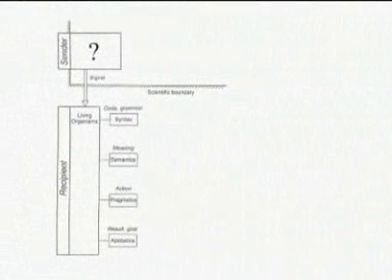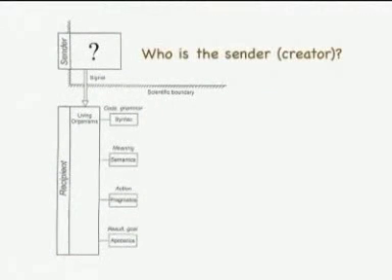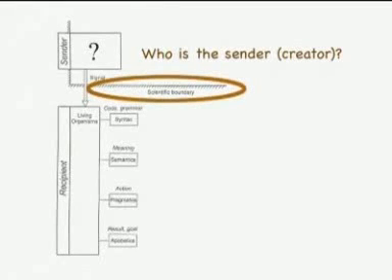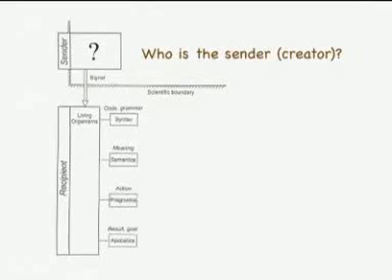Now the next question is, who is the sender? Who is the creator? And we come now to a scientific boundary. We cannot say from the viewpoint of laws of nature about information who the person of the sender is. Now we need another source of information, and this other source of information is the Bible.